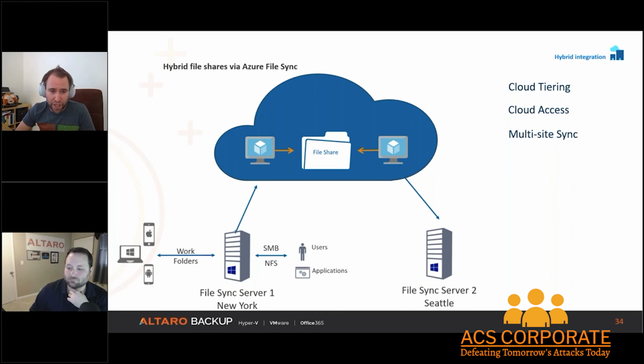If you have multiple locations, in this case New York and Seattle, you can make sure that you have the same files at the same time available in both locations, right? They are replicated using Azure File Sync to Azure and from there back to the other location. This is super handy if you have multiple places around the world where you want to make a file share available.